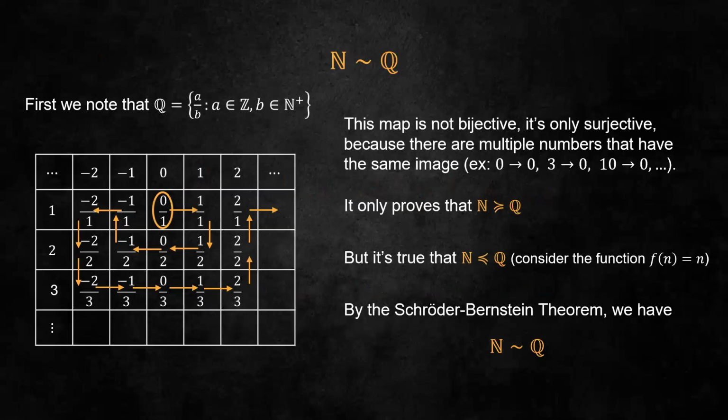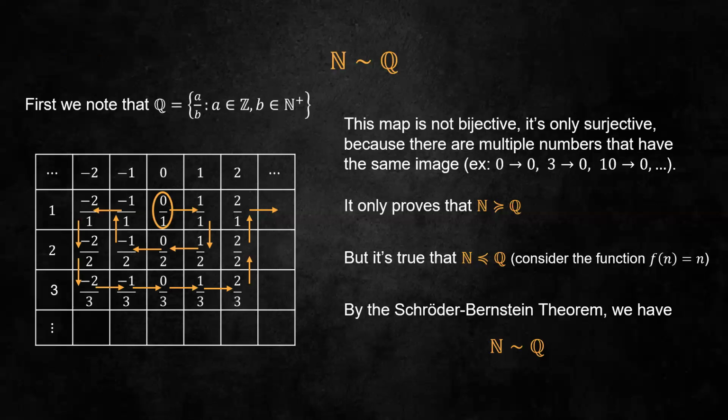And this one is also true. It might be a bit weird to think about, because there are even more fractions than there are natural numbers or integers, but it is the case that they have the same amount of infinite numbers. We just need to think that a fraction is just an integer divided by a non-negative natural number. And we can do this map here.